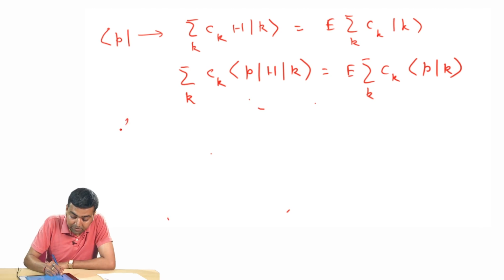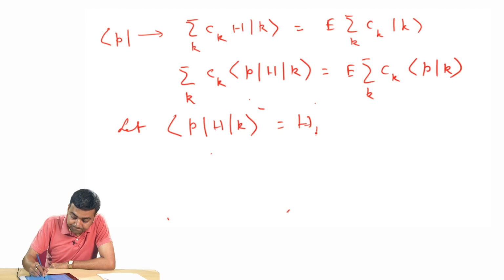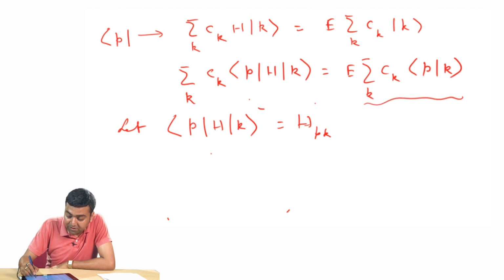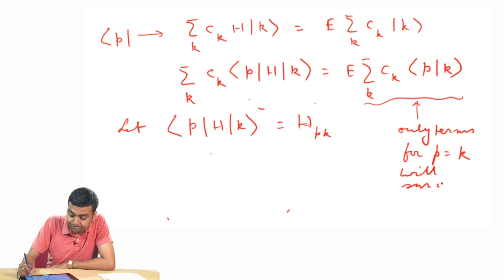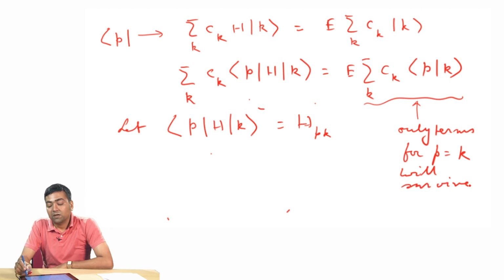Now, let us call this thing H of P k. On the right hand side of this equation, that is this summation, only the term for p equals k will survive, because all the functions in the basis are orthonormal.